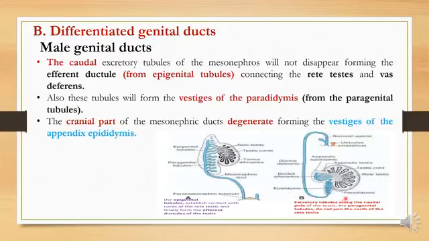Also, these tubules form a vestigial paradidymis from the paragenital tubules, while the cranial part of the mesonephric duct degenerates and forms a vestigial appendix of the epididymis.